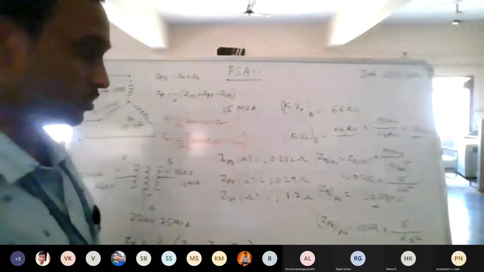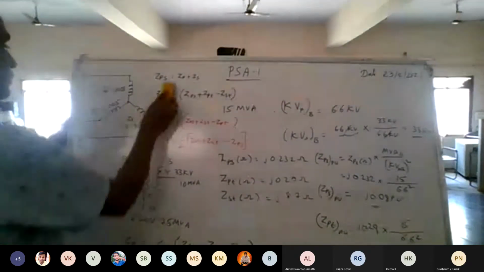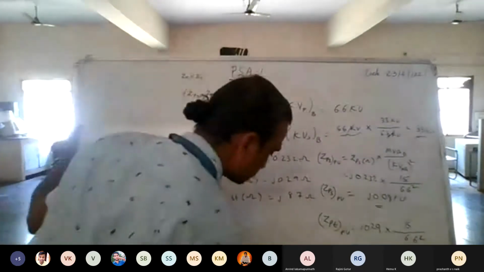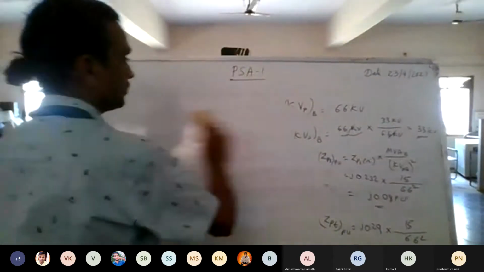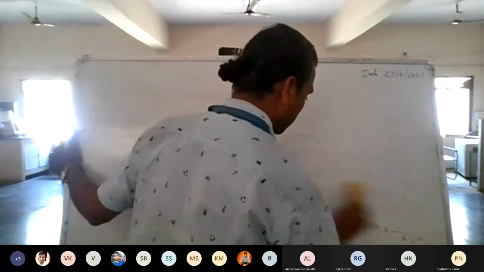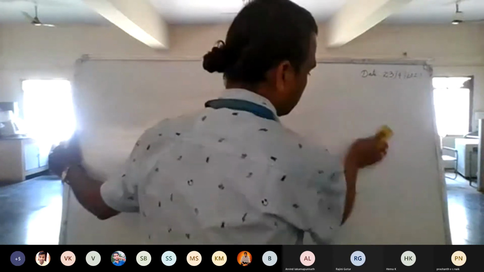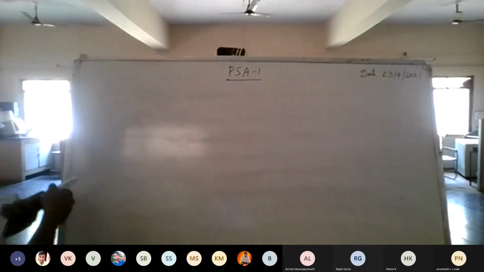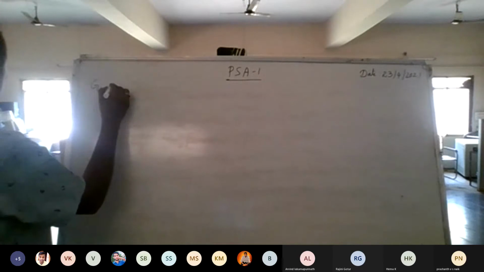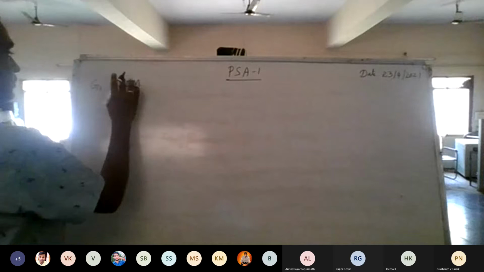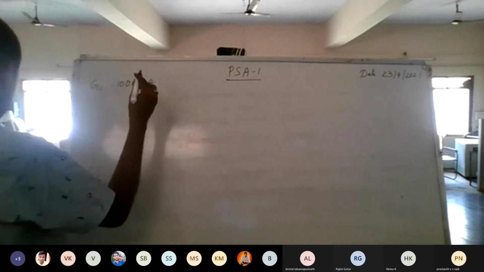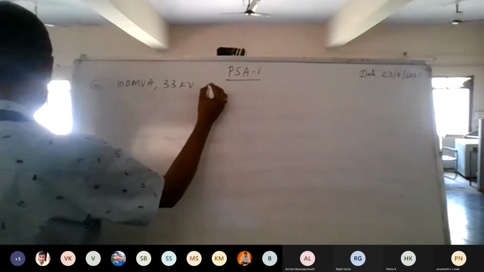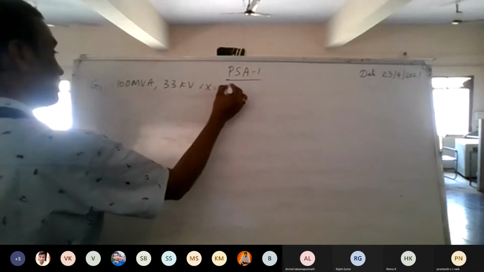Three generators are rated as follows. Generator 1, 100 MVA, 33 kV, percentage reactance is 10%.